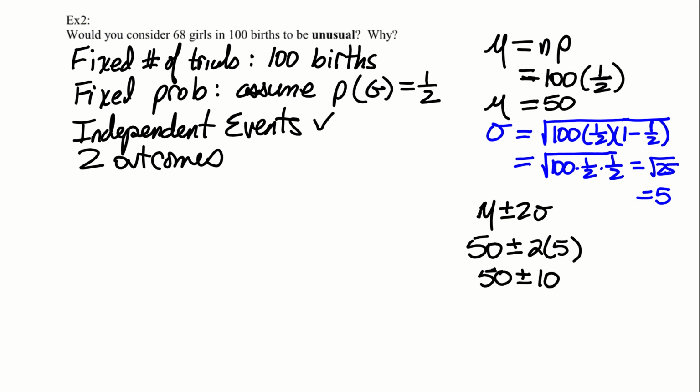If I do the subtraction first, I get 40. 50 minus 10 is 40. 50 plus 10 is 60. So these are the usual values. Anything outside of that interval would be unusual. So therefore, 68 is unusual.